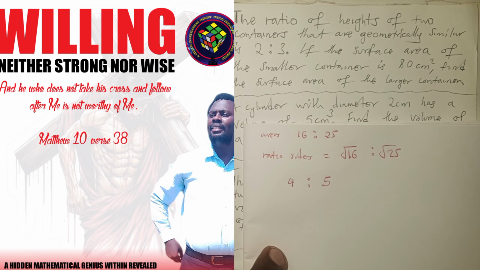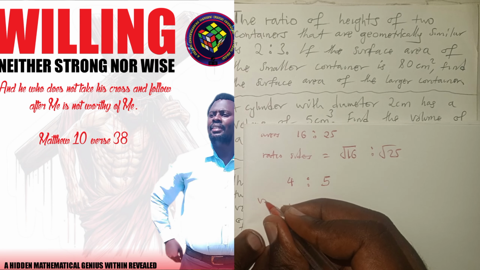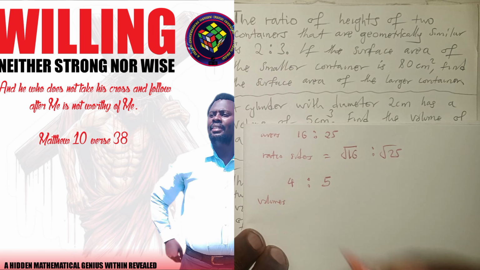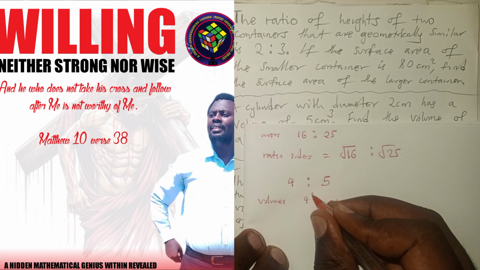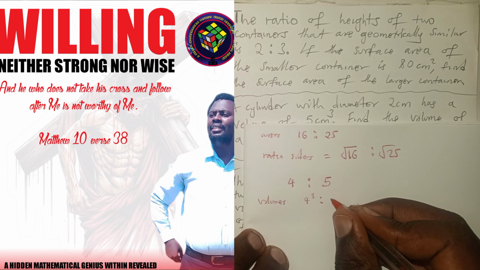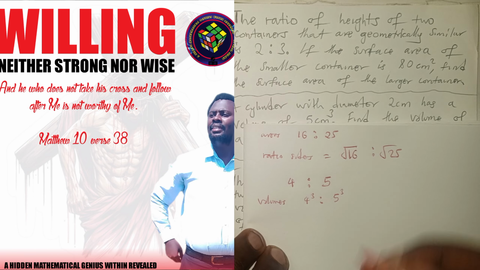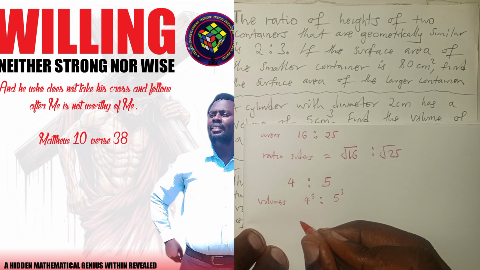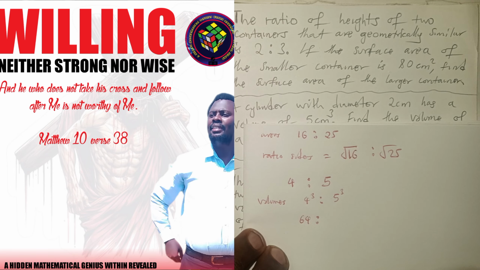So this 4 to 5 is the ratio of sides. Now from this ratio of sides, we need to get the ratio of volumes, because we need to calculate volume. So for the ratio of volumes, you just cube the ratio of sides. So 4 cubed to 5 cubed. 4 cubed, you get 64, and 5 cubed, you get 125.